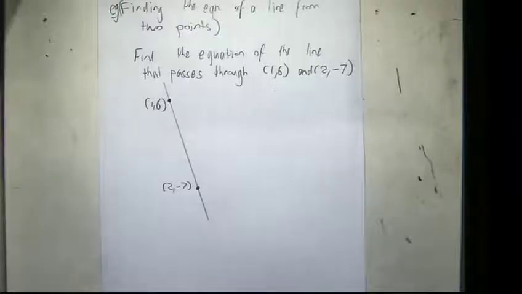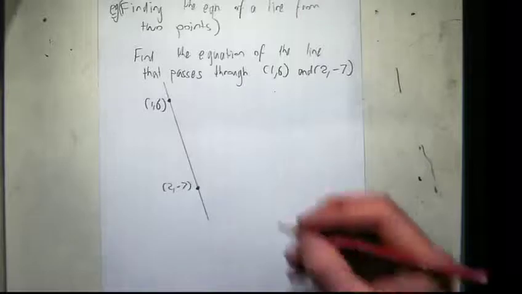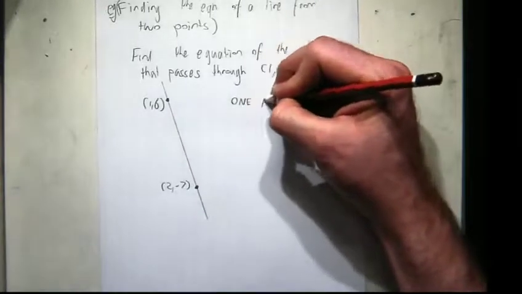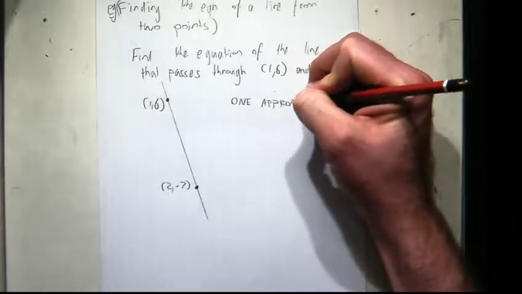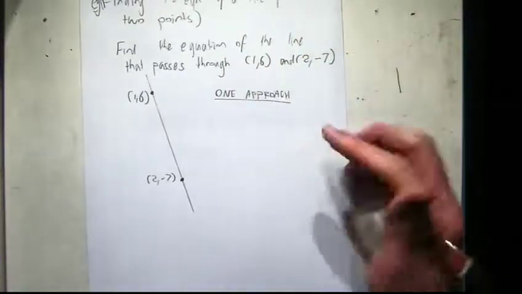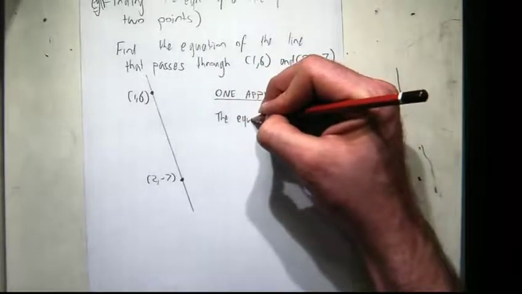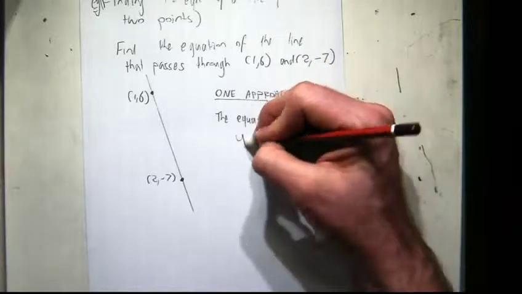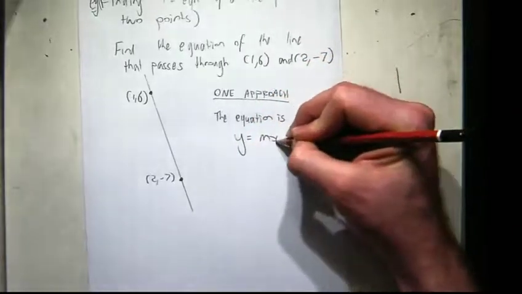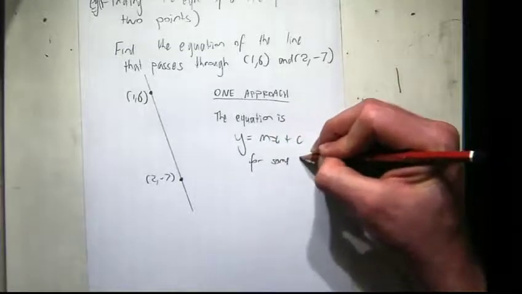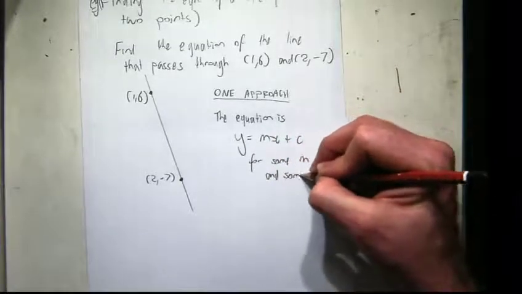So let's see. Well, the equation would have to be in one of the formats that equations come in. And so one approach would be to say, well, the equation is y equals mx plus c for some m and some c.